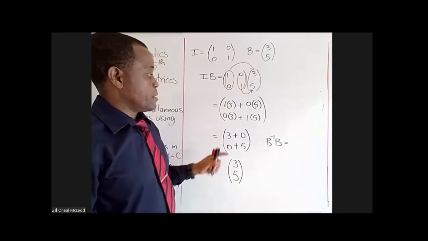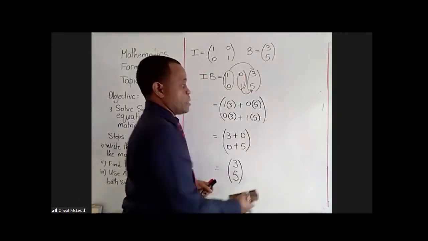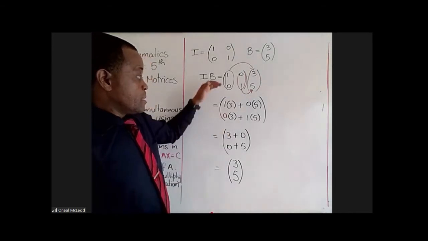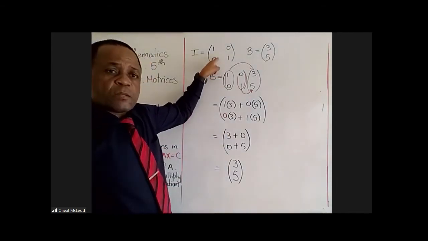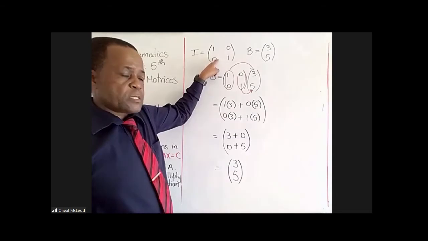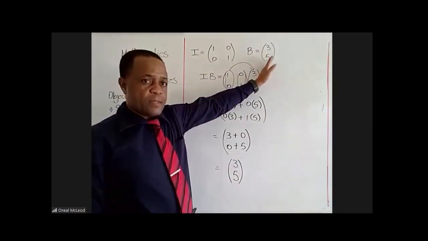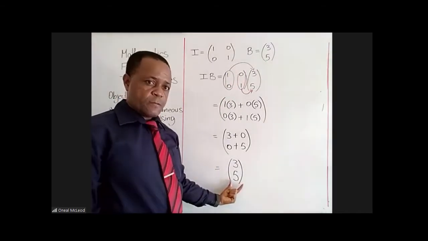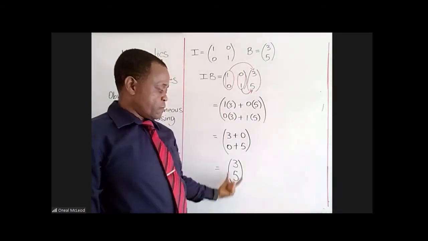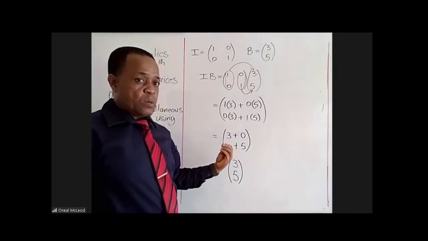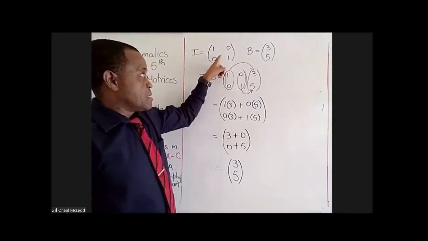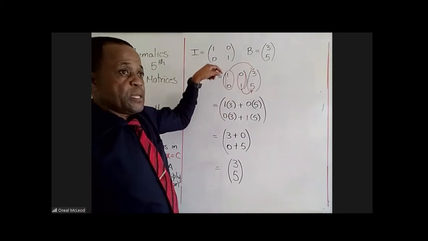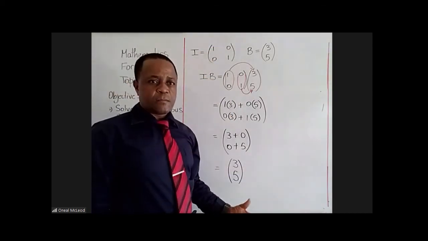So that's one of the things that we went through earlier. Now, the next thing that I want you to remember is that when I use the identity matrix to multiply another matrix, the answer remains the same. In other words, general multiplication with the identity matrix doesn't change anything.